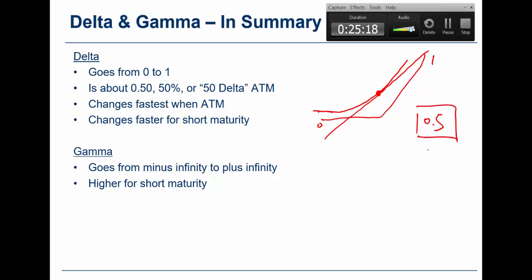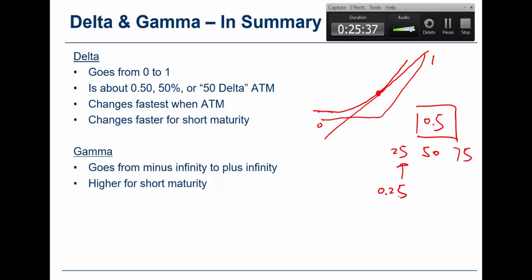And it is sometimes called 50 delta. So traders talk like that. They talk about 25 delta or 75 delta. So what they mean by that is that the option has a delta of approximately 0.25, okay?